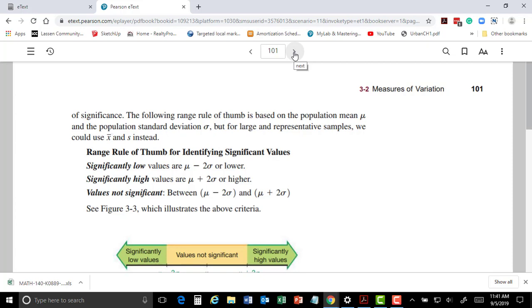If you take the population average mu and subtract 2 deviations, 2 sigma, anything lower than that we're going to call significantly low. And anything above mu plus 2 sigma is going to be considered significantly high values. So if we look here, and we do our graph, this is the way the stuff is stacked.